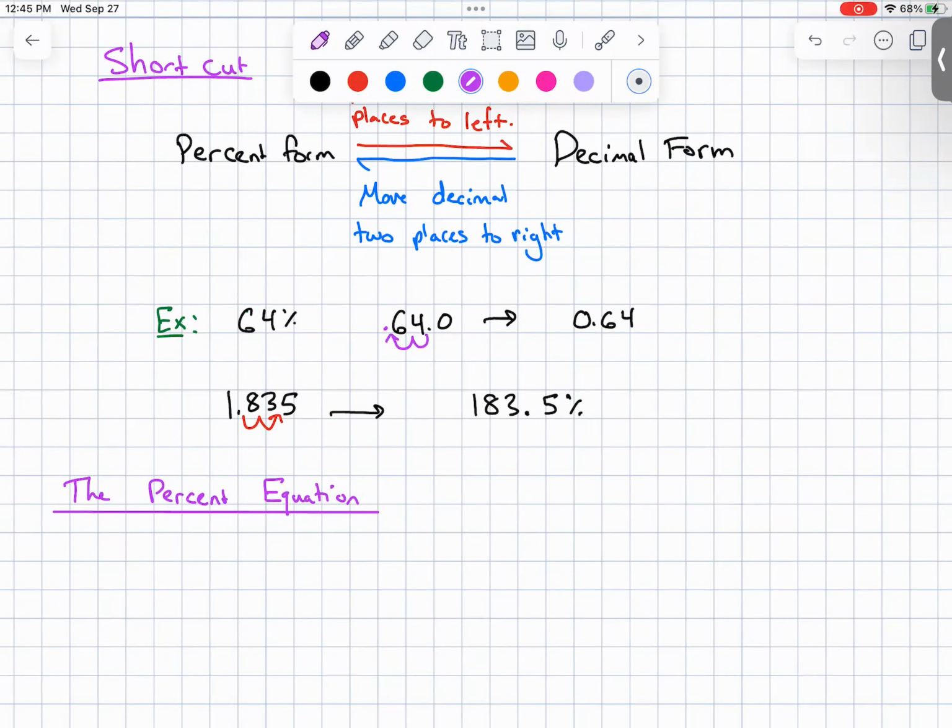So how do we set up an equation for percentages? It's where you take an English statement and dissect it into pieces that are mathematical.